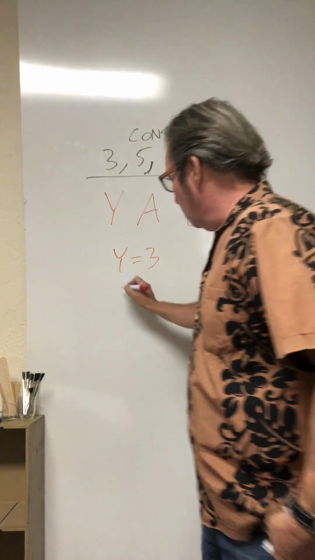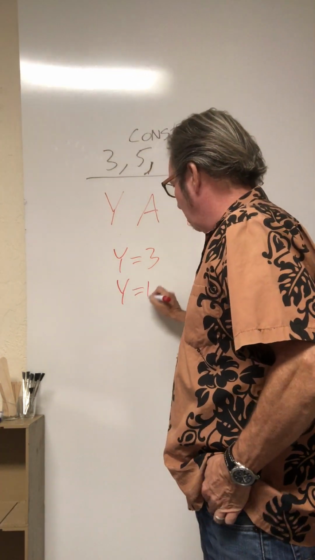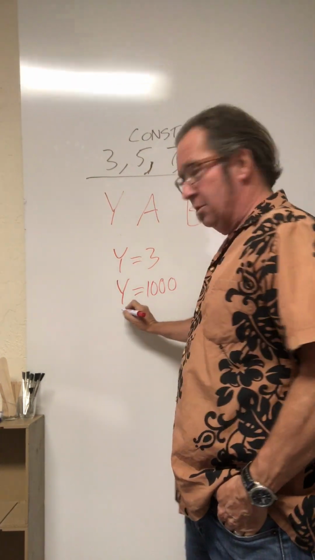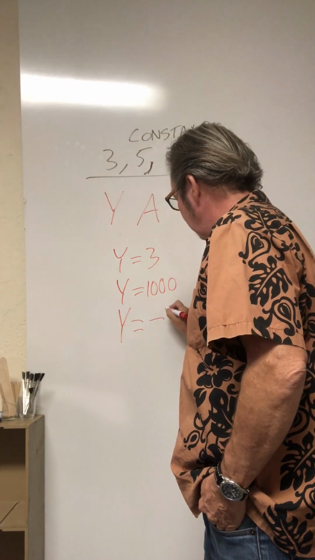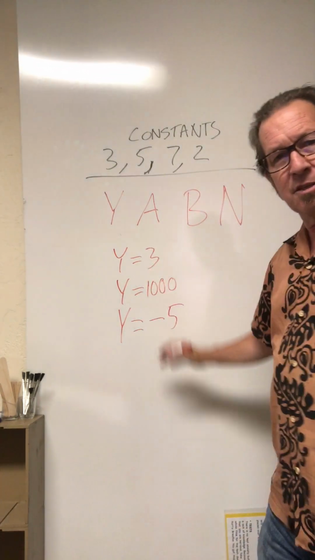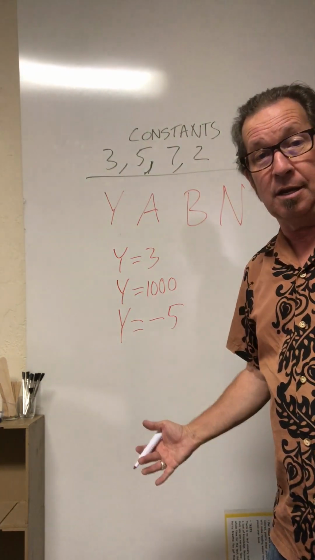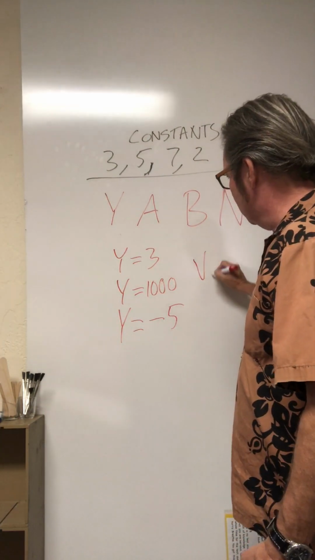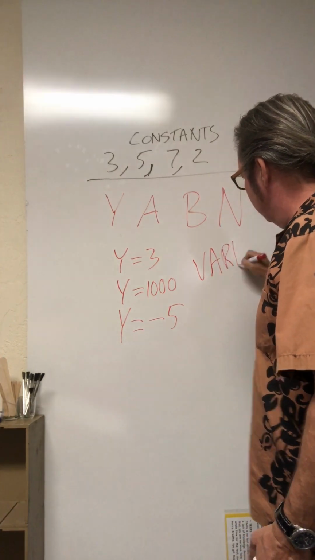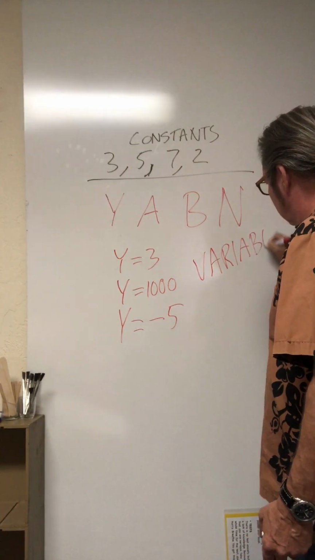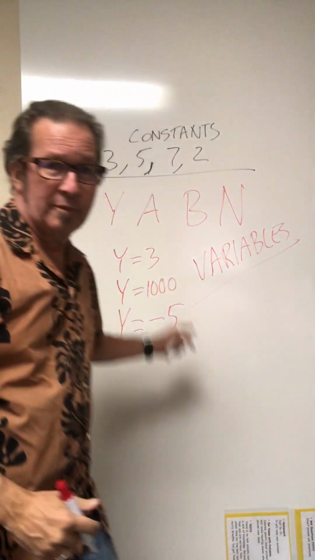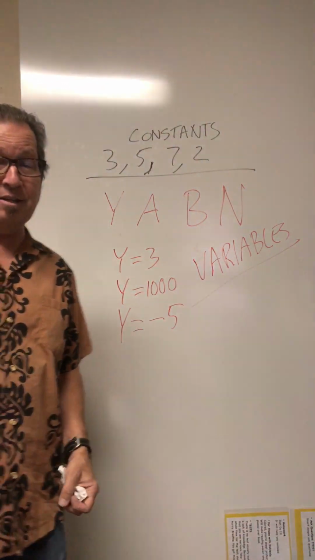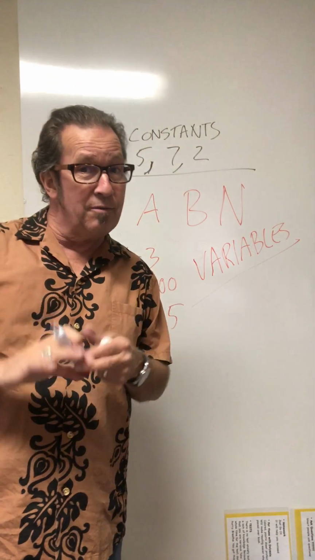No. Sometimes Y will equal 1,000. Other times Y will equal -5. And so that's going to change. Those are always going to vary. So what we're going to do is call those variables, because they, say it with me, vary, right? So those are always going to vary.